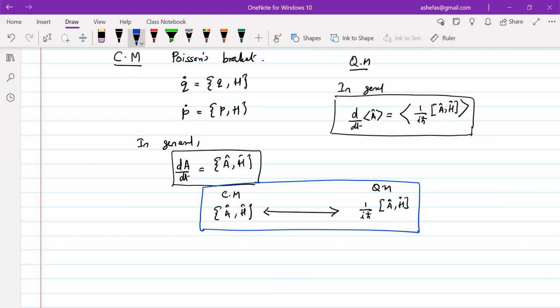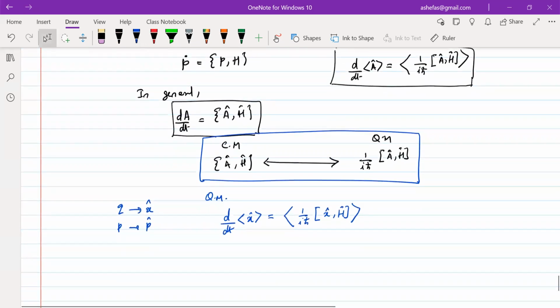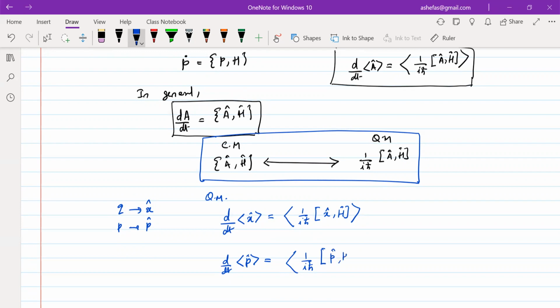Then if q is x and p is the momentum operator, in quantum mechanics we can guess that d by dt of the expectation value of the position operator is the expectation value of 1 by i h cross the commutator [x, H], and d by dt of the expectation value of the momentum operator is the expectation value of 1 by i h cross the commutator [p, H].